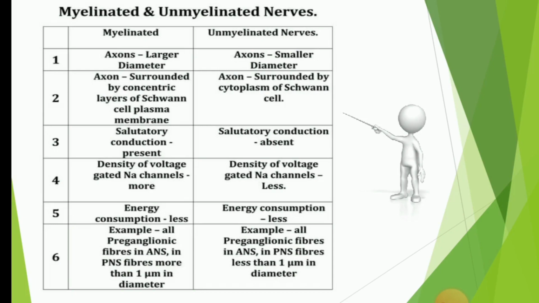Next we have one of the most important differences, that is the difference between the myelinated and non-myelinated nerve fibers. The neurons which carry the myelin sheath are known as the myelinated nerves, and the ones which do not have the myelin sheath are known as the non-myelinated nerves. और सबसे बेसिक डिफरेंस देखा जाए तो यही है. आगे देखते हैं. In myelinated nerves, the axons are larger in diameter, whereas in unmyelinated nerves, these are smaller in diameter.